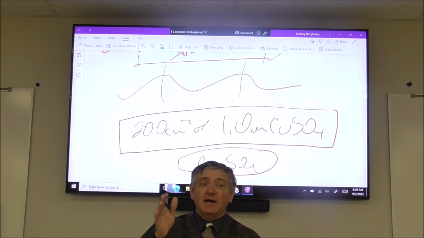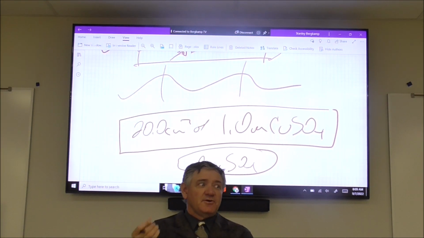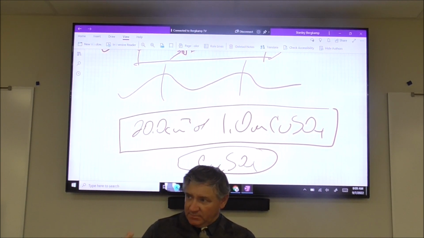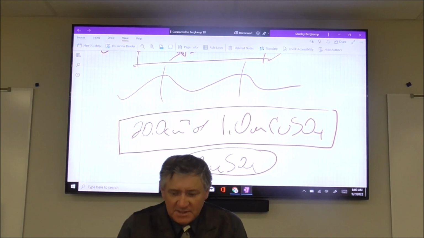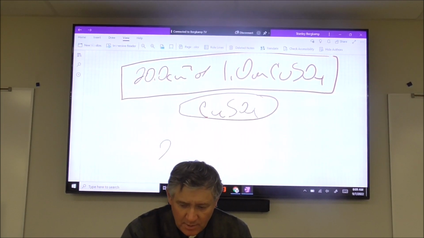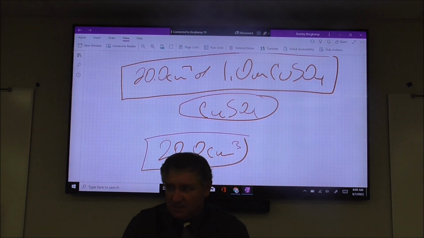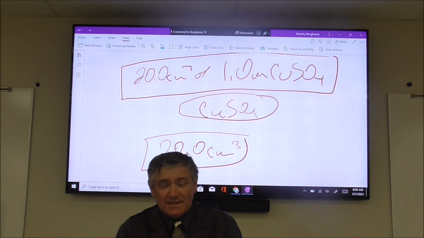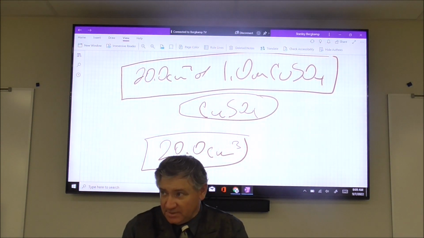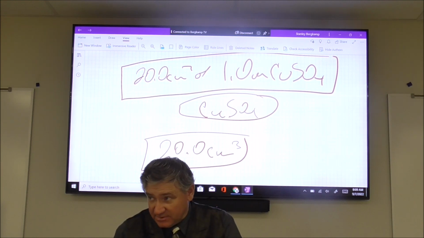Now, keep in mind, you're not mixing up an entire liter of this stuff. You're only mixing up 20 cubic centimeters. Now, look at the instructions. When I typed this up, notice that I wrote that as 20.0 cubic centimeters. That means when you're measuring this out, you need exactly 20 cubic centimeters in that graduated cylinder.